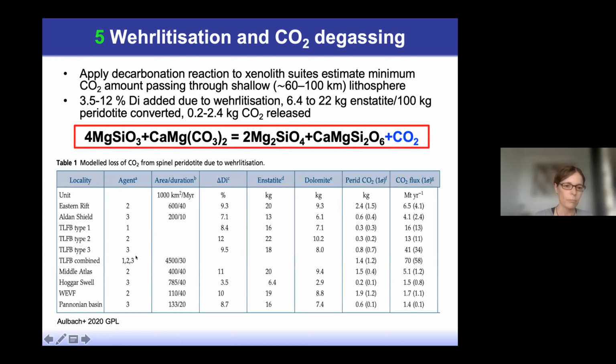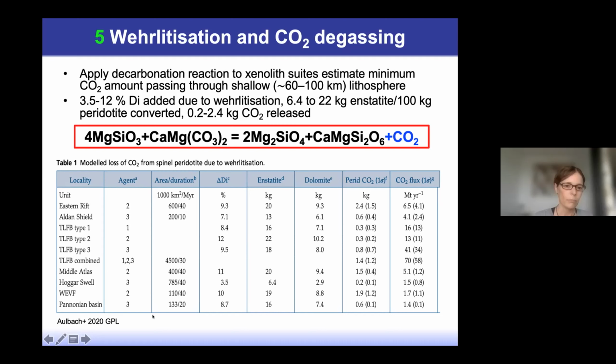We've identified various agents. We've estimated the amount of diopside that was formed, the mass of enstatite and dolomite that was converted. And in the end, we come up with an amount of 0.2 to 2.4 kilograms of CO2 that were released per 100 kilogram of peridotite involved in the reaction.